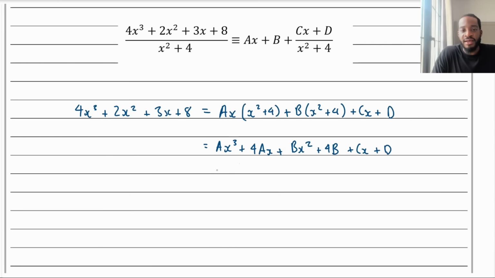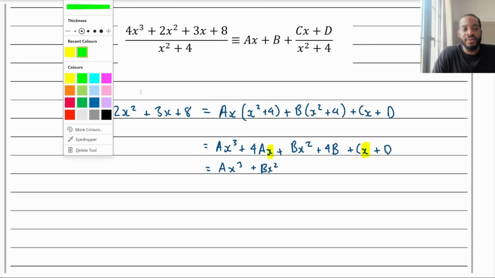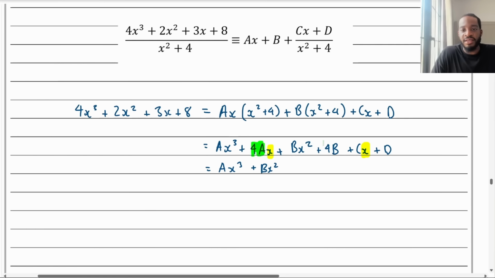And from here, let's tidy up. So I have ax cubed, and then I want x squared. How many x squared terms do I have? Just one, so I have plus bx squared. And then the x terms, I've got two x terms. There's a 4a, and there's a plus c.